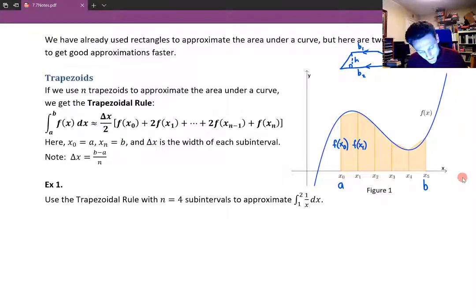So if we look at this first trapezoid's area, the area would be the average of the parallel sides, which is f of x sub 0 plus f of x sub 1, all over 2, times the height of the trapezoid, which is the subinterval width.